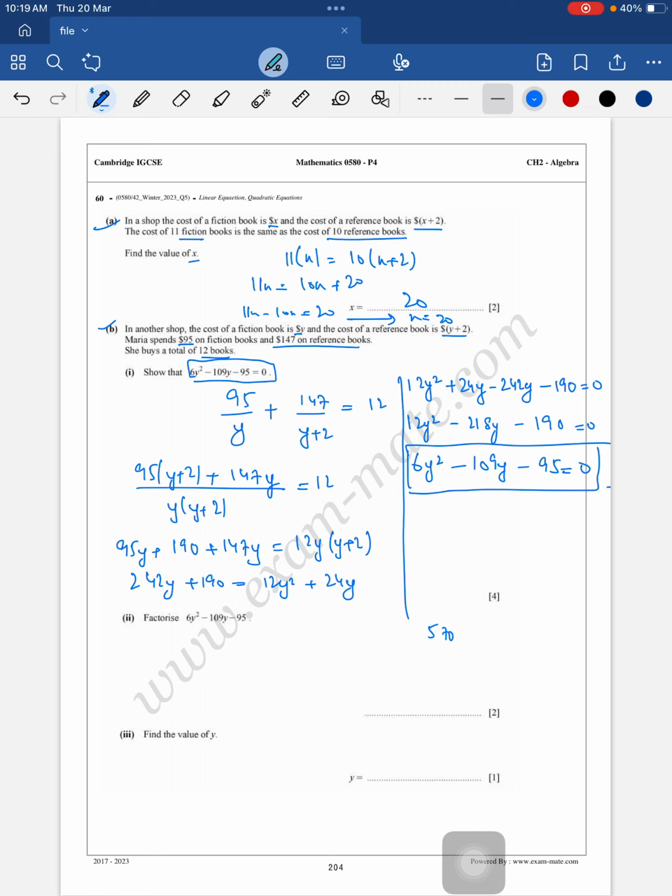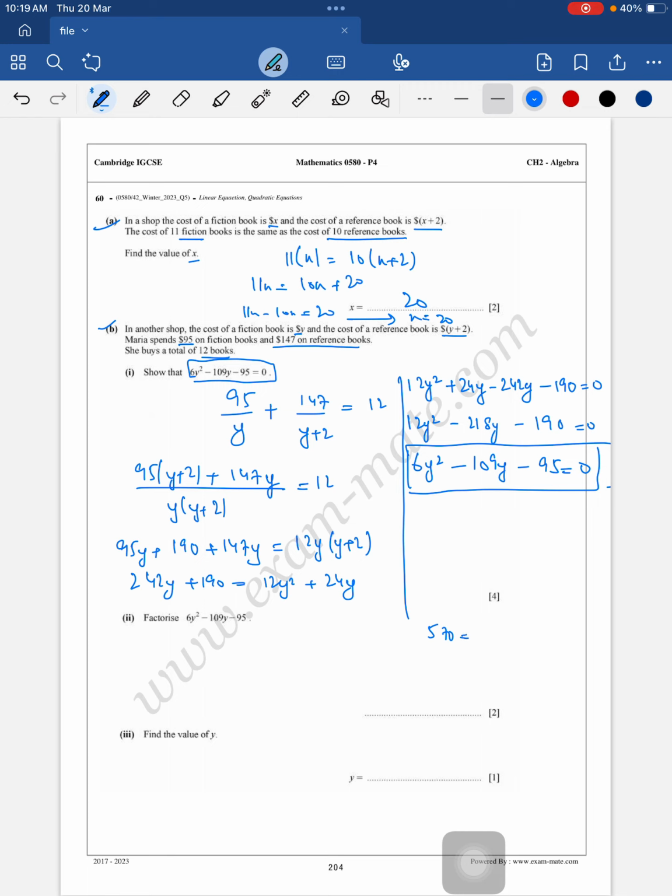So 570 divided by 2, divided by 3, divided by 4, divided by 5, 114.